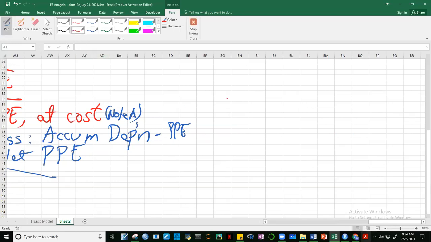Okay, when assets, so we're looking at the cash flow, no? When assets increase, guys, it will be always a use of cash.